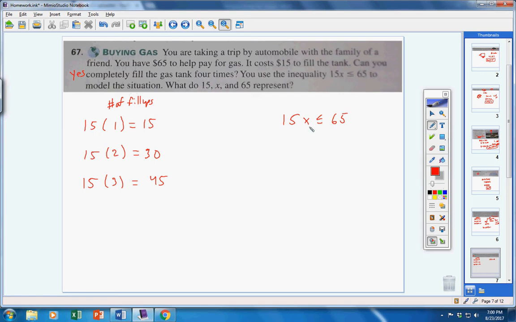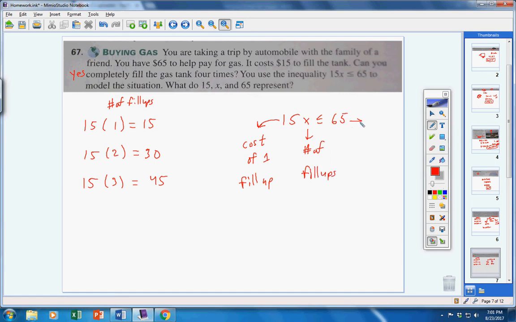Now let's apply it to this, okay? 15 is obviously the cost of one fill-up. Okay? X is the number of fill-ups.